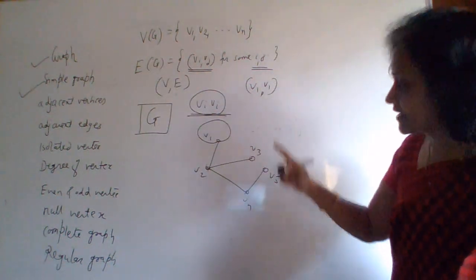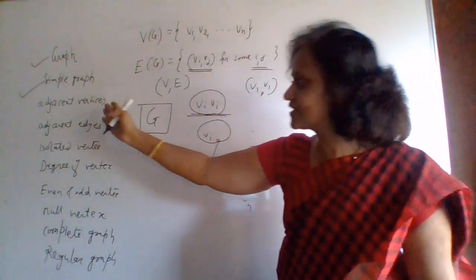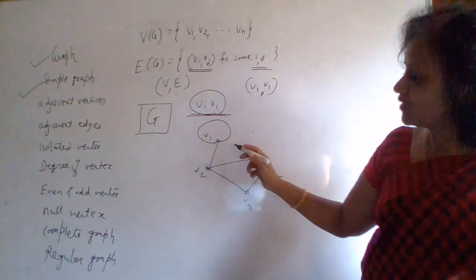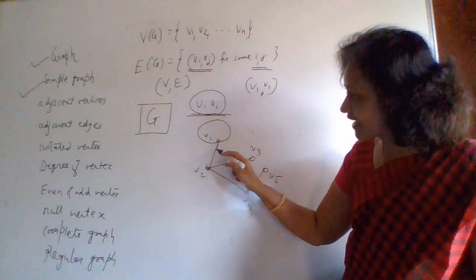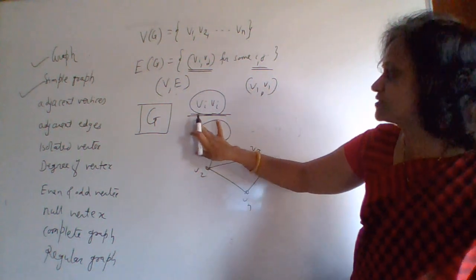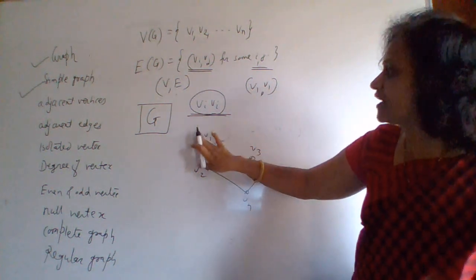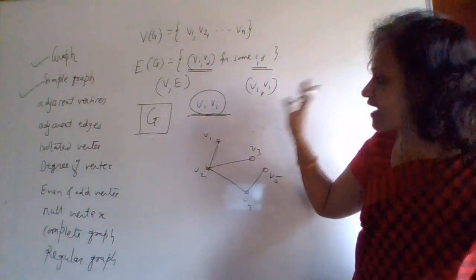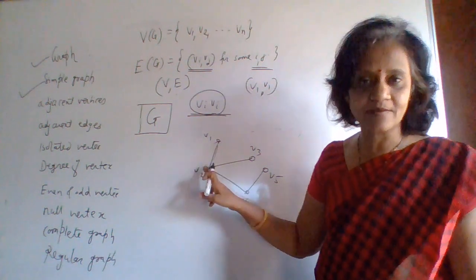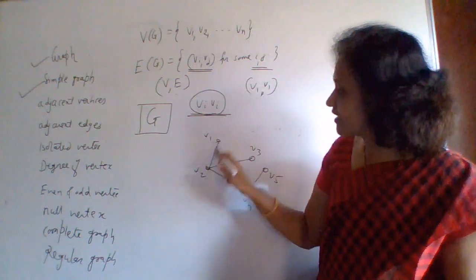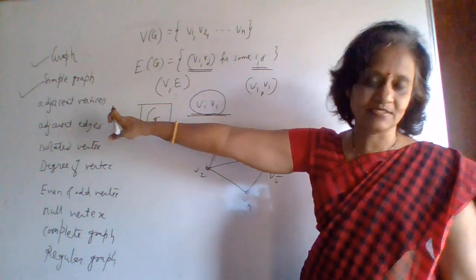Next we'll go for adjacent vertices. Adjacent vertices are very simple. Again, look at this graph. You can see V1V2 is an edge in this graph. We are talking about simple graphs, so this is not there. So if we consider this graph, you can see V1 and V2, this edge is there. So we say V1 and V2 are adjacent vertices.